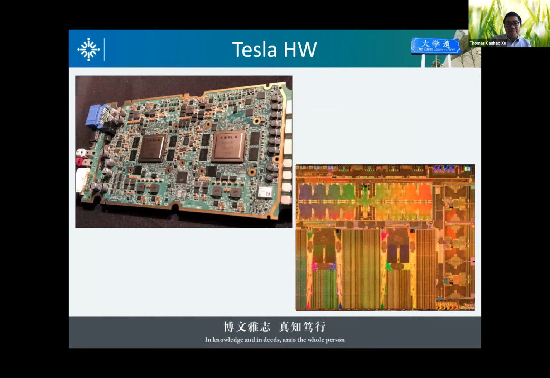So as we know, they have developed their own silicon. This is the latest Tesla hardware for processing their AI, machine learning, and deep learning algorithms. As you can see on your right hand, this is the silicon. Basically the chip, they manufactured their own chip, all right?